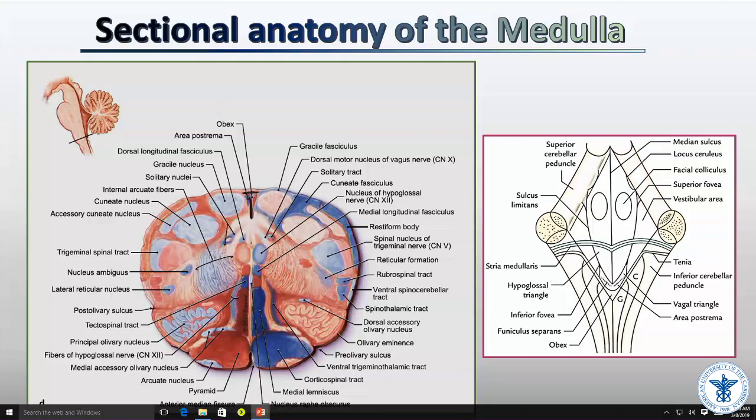Now, you are beginning to see the hypoglossal nerve here. So let me show you. So that's the nucleus of the hypoglossal, and then you can see the nerve bundles going down this way and exiting out in the groove between the inferior olive and the pyramid. So this is very, very characteristic. This is an important thing to remember. All right.